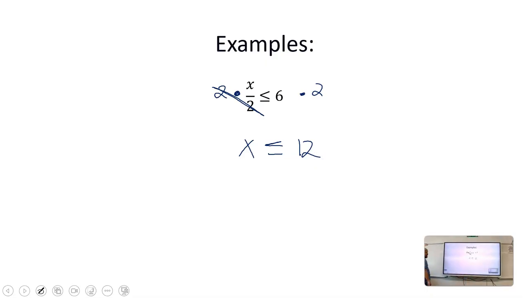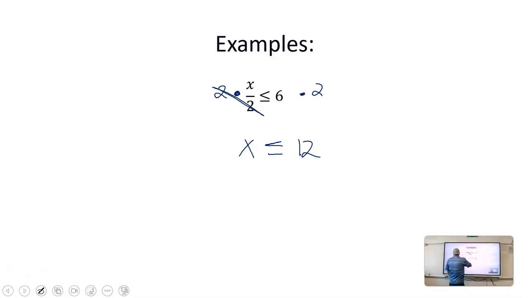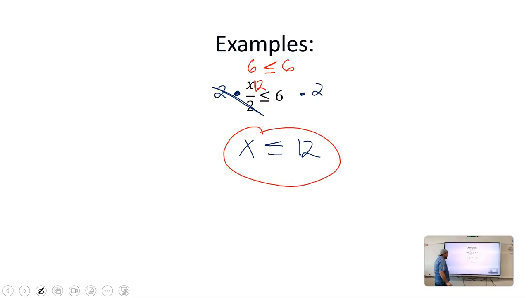So we can pick a number less than or equal to 12. Let's just pick 12. If I plug 12 back into my inequality, 12 divided by 2 is 6. And is 6 less than or equal to 6? Yes, it is. So we got ourselves a correct solution.